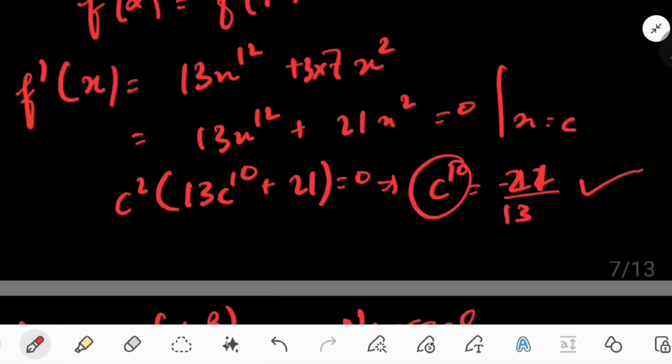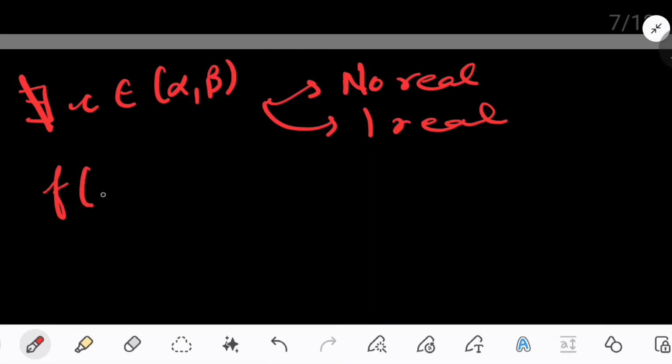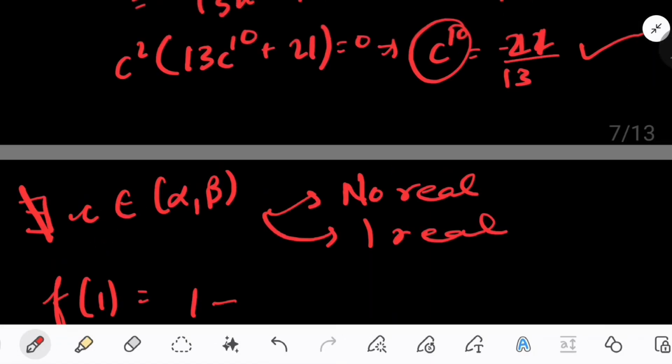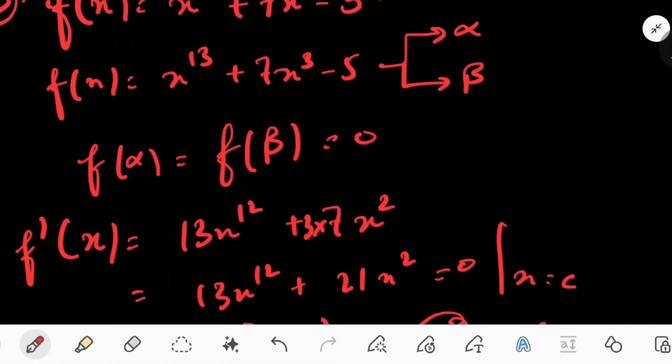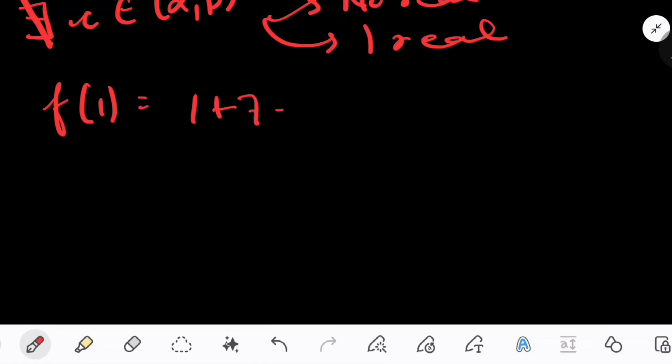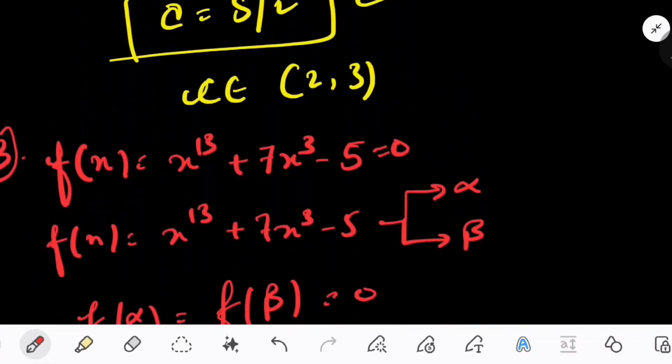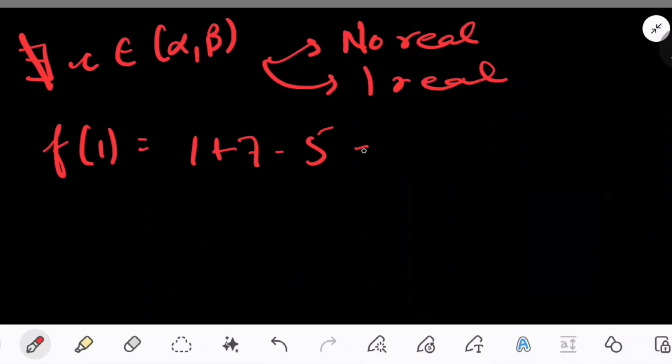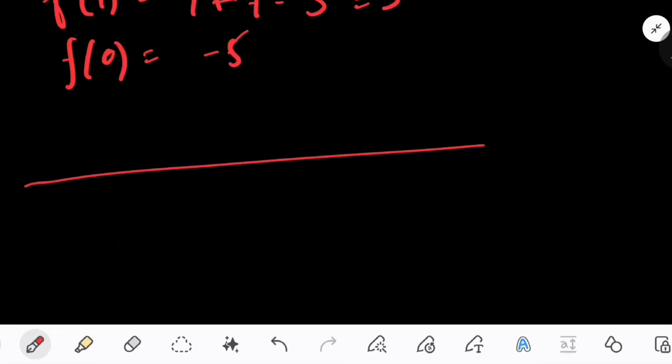So how do we check it now? Let's substitute f at 1. You get 1 plus 7 minus 5, and you get it equal to 3, right? And f at 0 is equal to negative 5, which means the function is going somewhat like this.